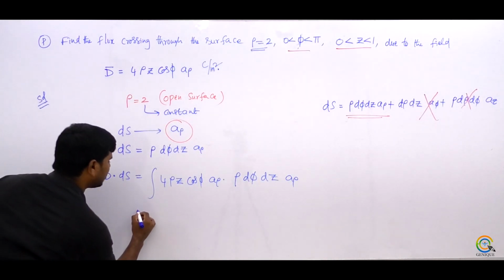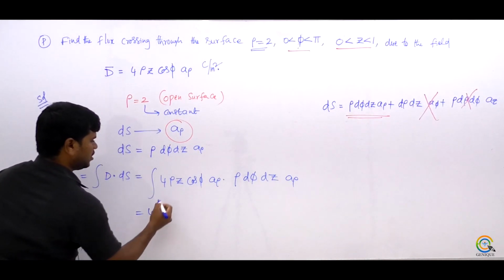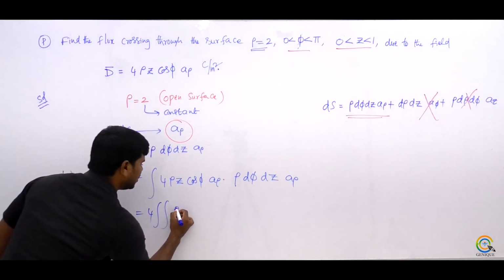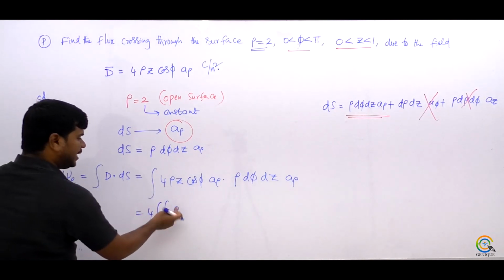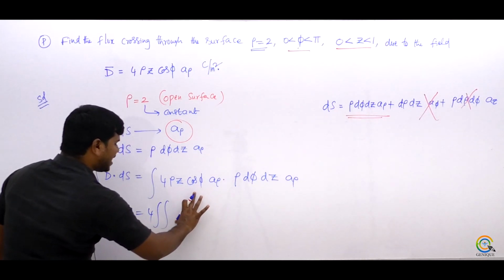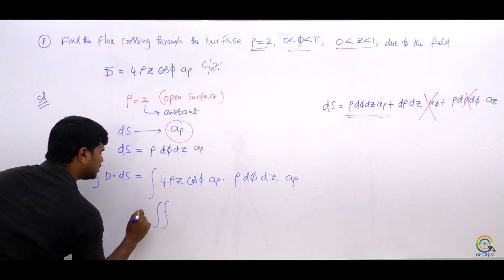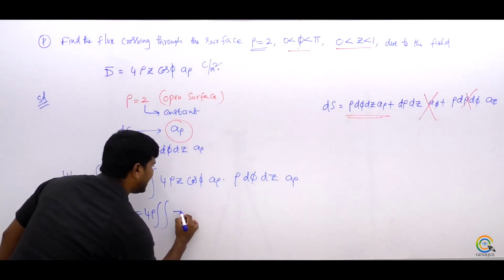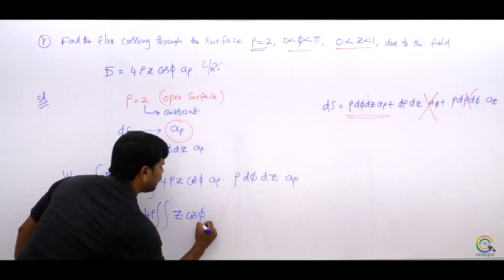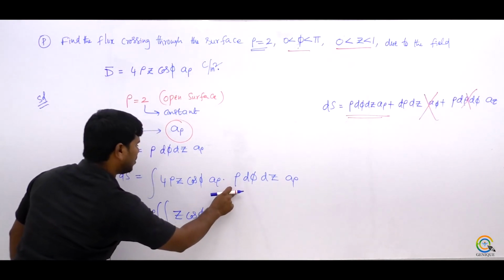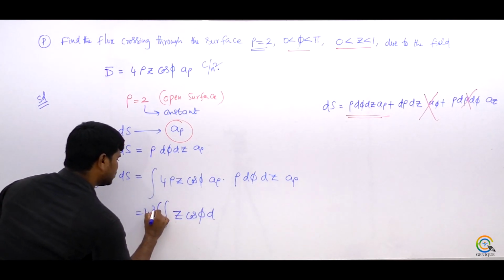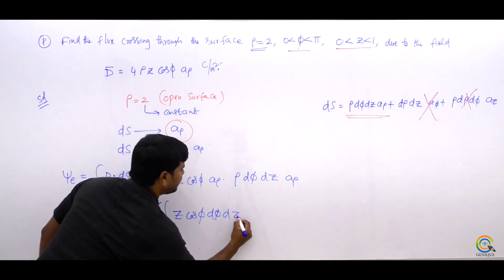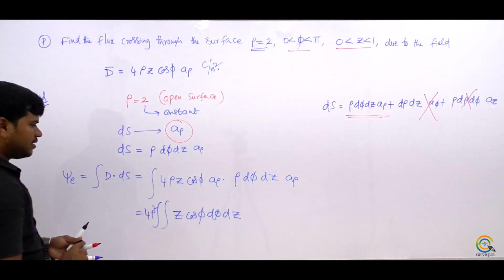So finally, the surface integral is a double integral of 4 rho. Here rho is given as constant, so you can write rho outside: z cos phi, and one more rho is there, so you can write rho square, d phi dz. This is the final expression.